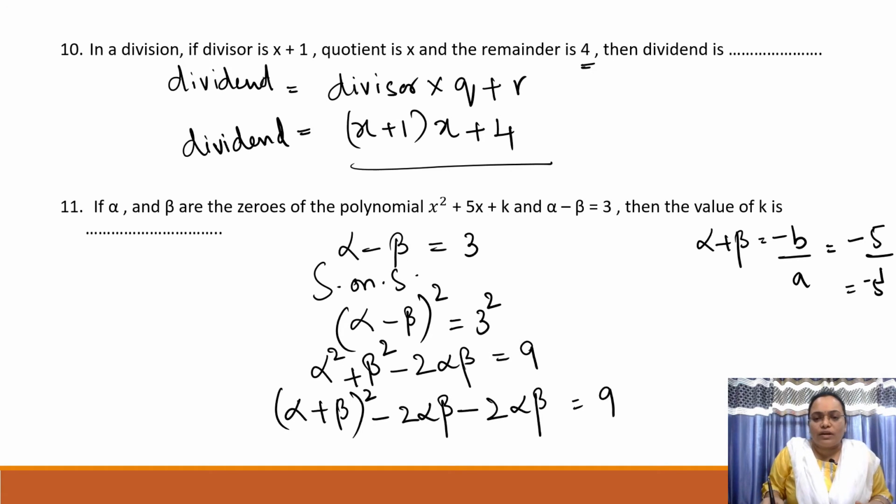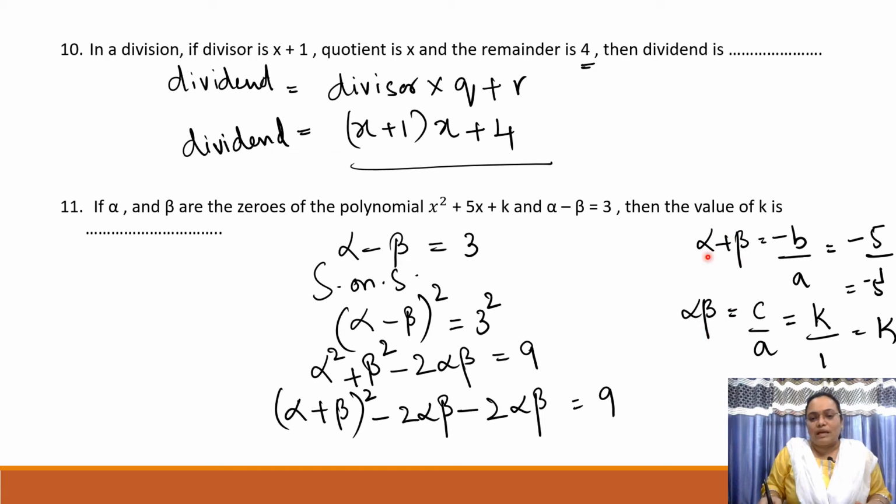And what is alpha beta, the product of zeros? Product of zeros alpha beta is equals to c by a. What is c here? C is k. Yes, k by 1, which is k only. So now we have got alpha plus beta and alpha beta.